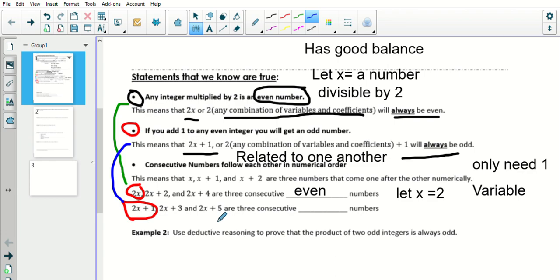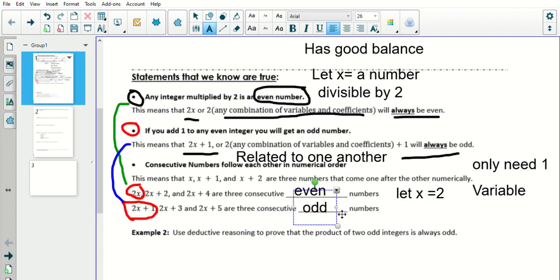I'm still adding 2 more to every single one, so these are going to be consecutive odd numbers. And we can once again plug that 2 in. 2 times 2 is 4 plus 1 is 5. 2 times 2 is 4 plus 3 is 7. And 2 times 2 is 4 plus 5 is 9. 5, 7, and 9. They are consecutive odd numbers.